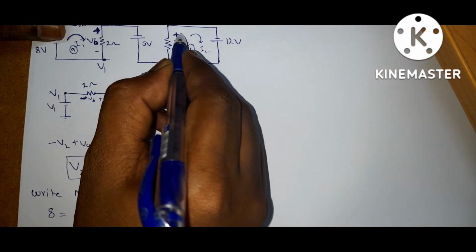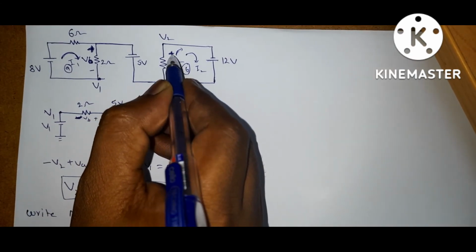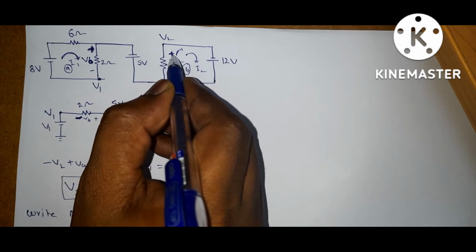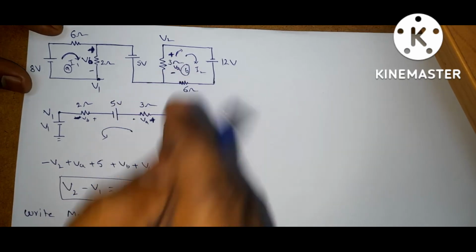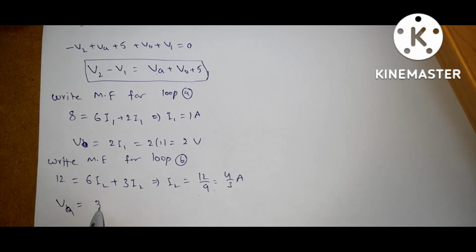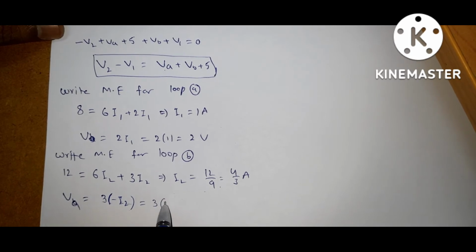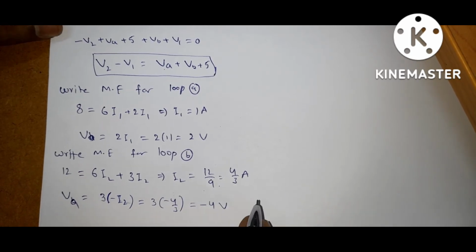Here current is leaving the positive terminal. This is a passive element, and in a passive element current must enter at the positive terminal, but here current is leaving the positive terminal. So the voltage VA is 3 into minus I2. So you will get 3 into minus 4 by 3. This is minus 4 volts.